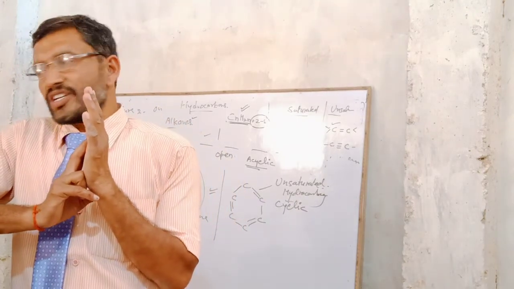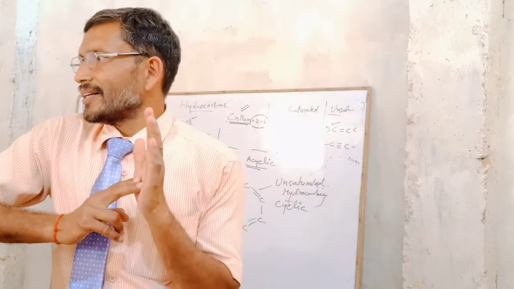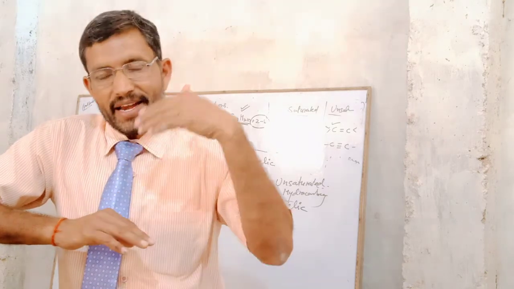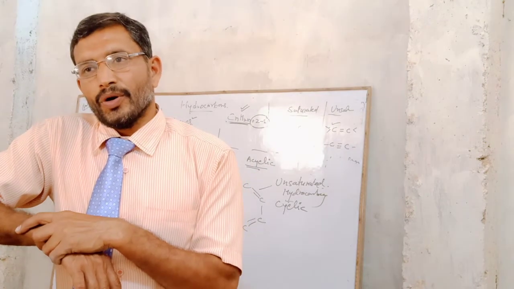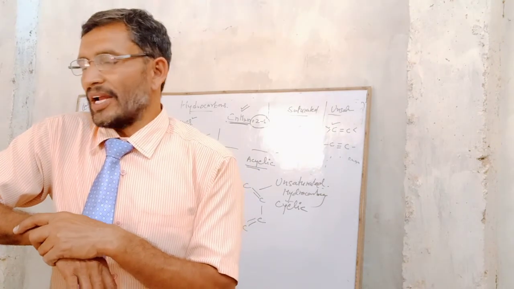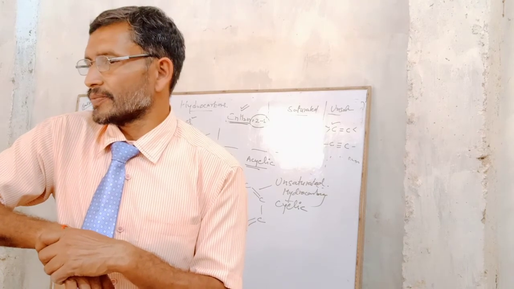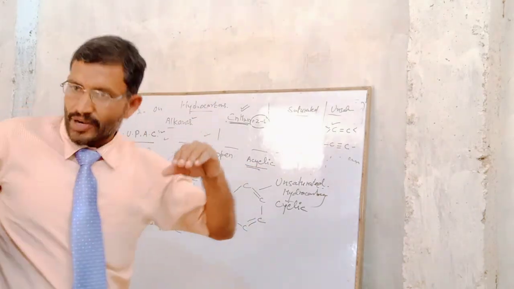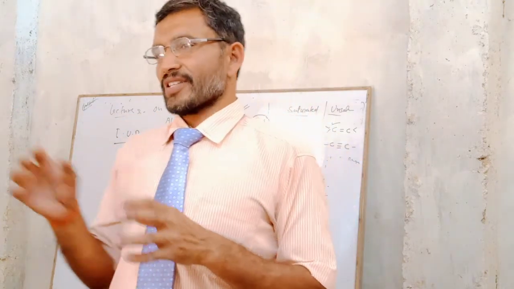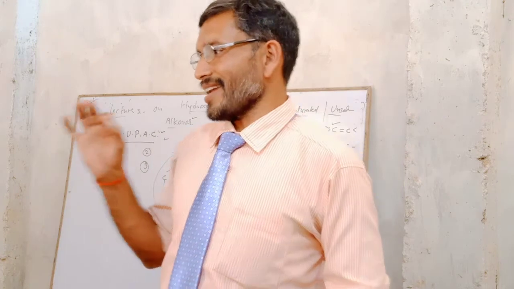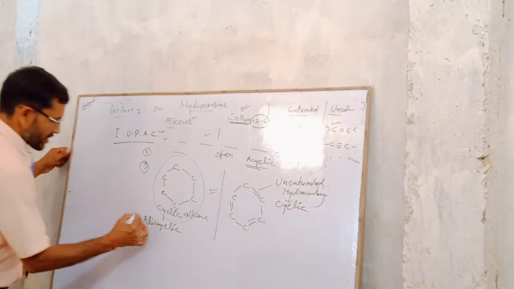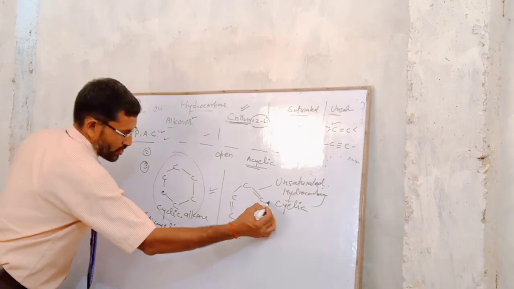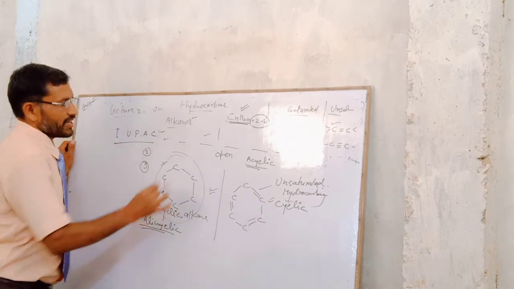Little later, in the chapter of benzene, we'll deal with what aromaticity means, the alternate presence of double bonds. Just take care of this name, alicyclic hydrocarbon, which is cyclic, not non-cyclic.